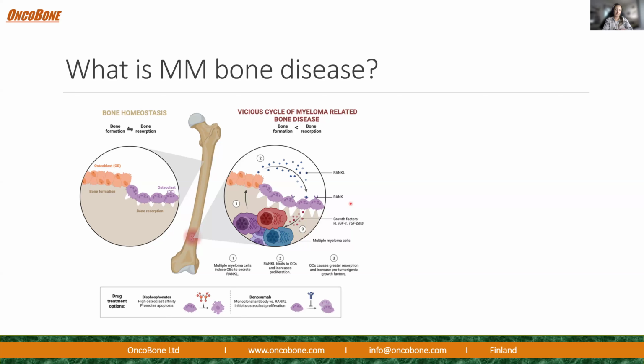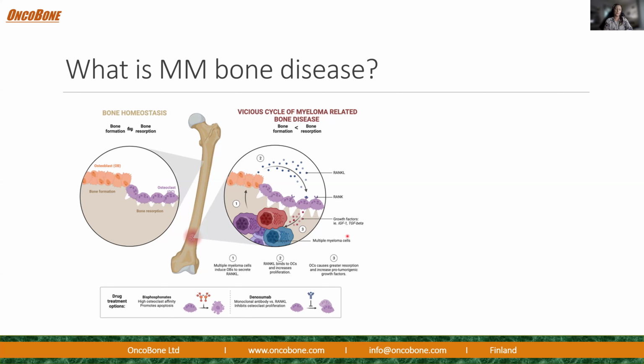When the binding to the RANK receptor actually leads to increased activity of the osteoclast, so there is more bone resorption happening compared to the amount of new bone that would be formed, leading to the fact that the bone mass is being decreased in the patients. Moreover, I'm not sure if it's familiar for many, but bone is actually a great reservoir of different kind of growth factors, for example.